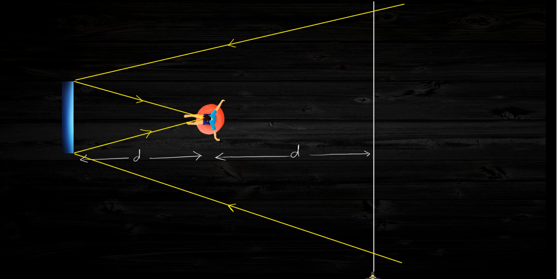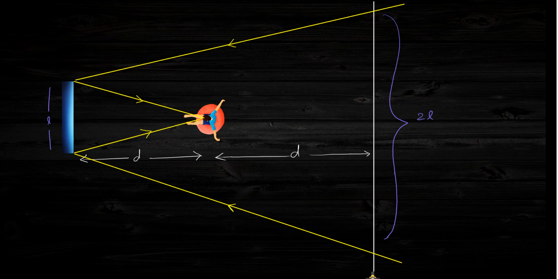Now we need to understand that if the height or length of the mirror in this example is given to be L, so this has been given to be L, it is very clear and apparent that this distance has to be 2L.